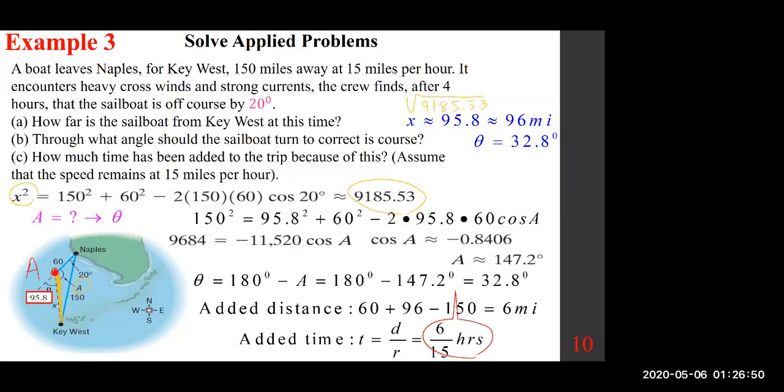Class? So would we divide the 6 by 15? We can do that, sure. And then the multiplication, I assume, by 60? Yes, absolutely. So 24 minutes. 24 minutes, there you go.